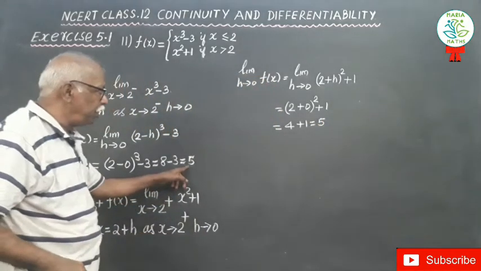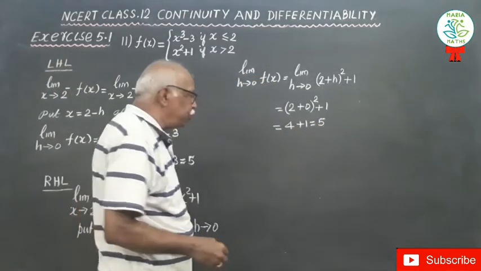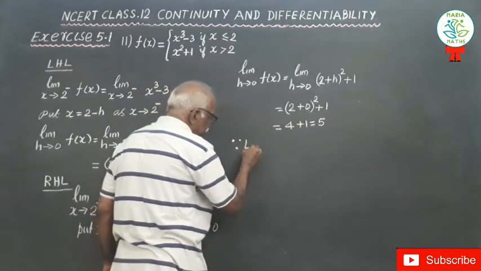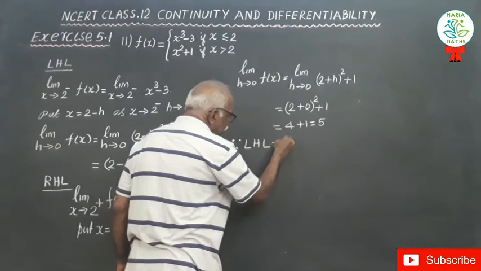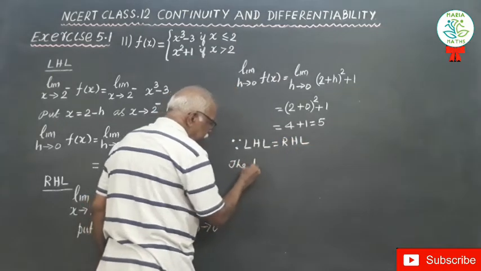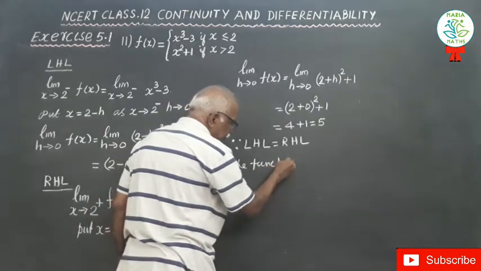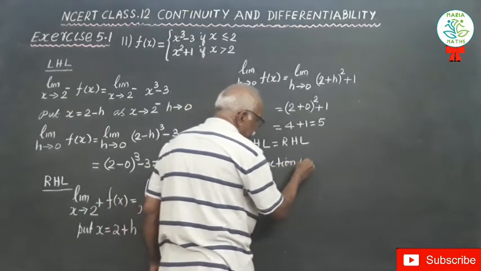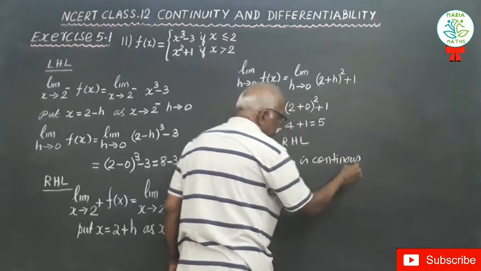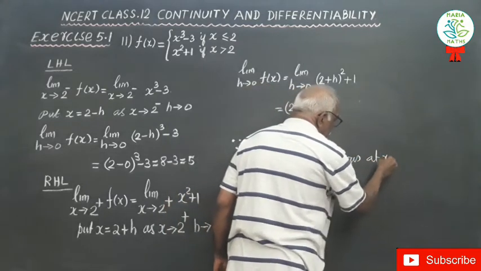LHL is 5, RHL also 5. Since LHL equal to RHL, the function is continuous at x is equal to 2.